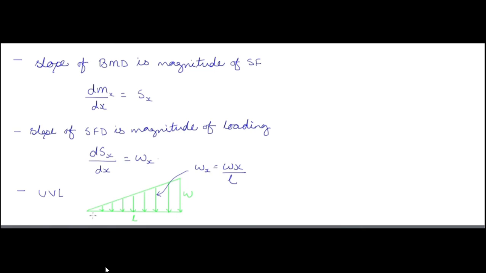So if at a point the highest magnitude of the load is W, then from that point, as you move a distance x, the loading will be W(x) equal to W into x by L. x is the distance from the highest magnitude, okay, and L is the total span.